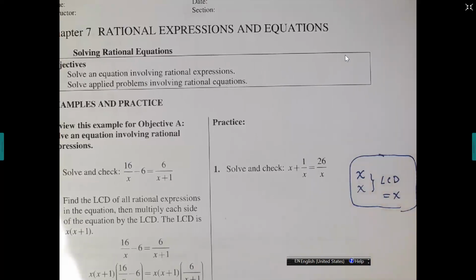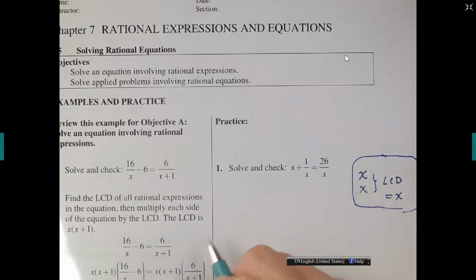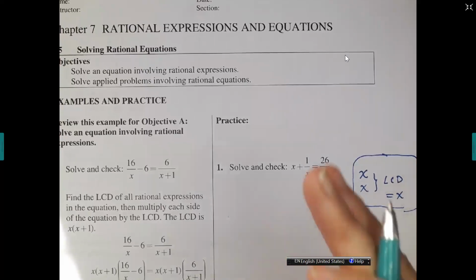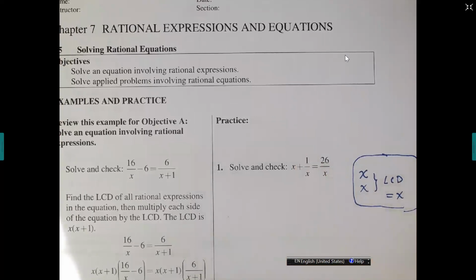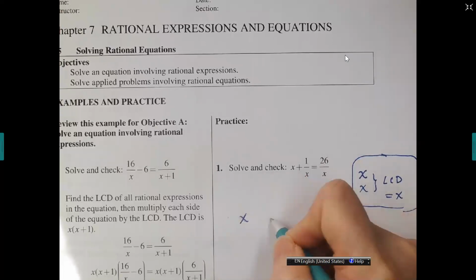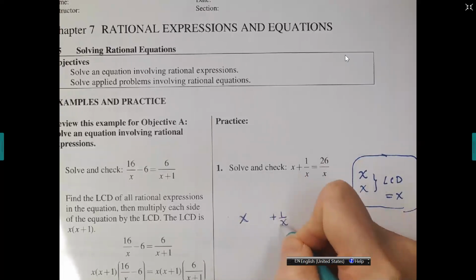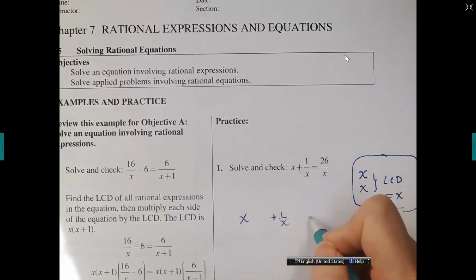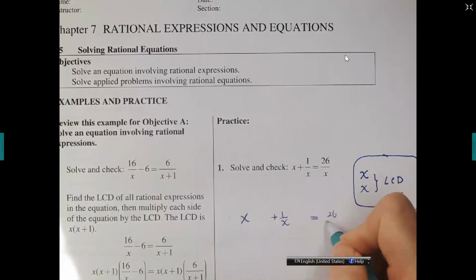Okay, so having this in our mind or on your scrap paper, we are going to go back to the problem. We follow this step here. First, we rewrite the equation, but split all the terms. One term stays together, then leave some space and write down another term. So the first term is x, I write here, and then plus 1 over x, leave some space between the terms, and equals 26 over x.